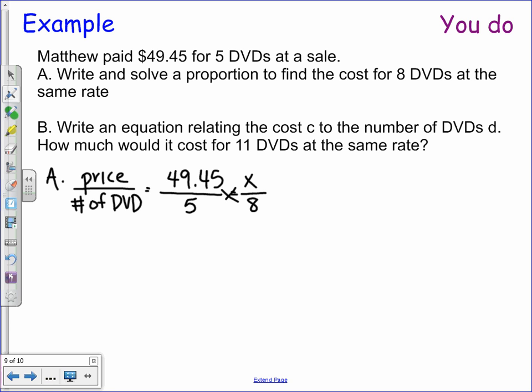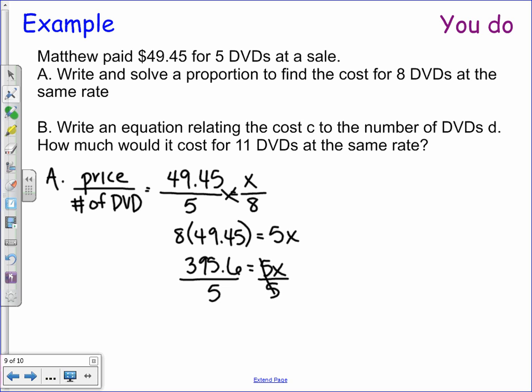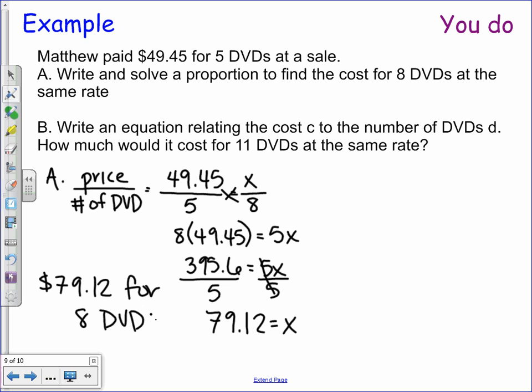So I'm going to cross multiply, and I get 8 times $49.45 equals 5x. 8 times $49.45 is 395.6 equals 5x. Divide by 5. And that is $79.12 for x. So that is $79.12 for 8 DVDs.